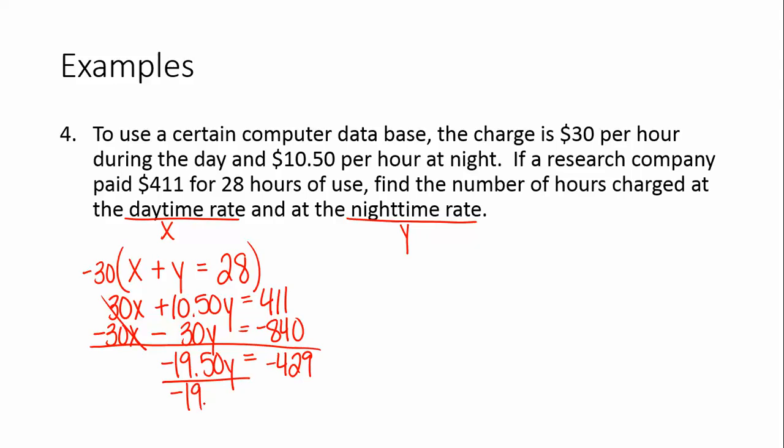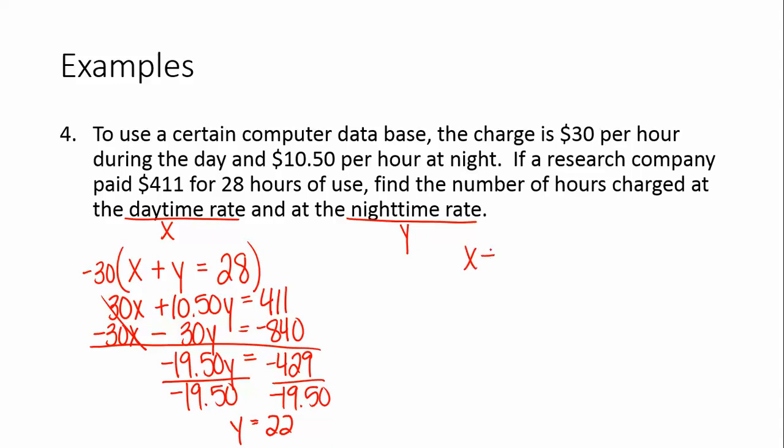Divide both sides by negative 1950. And we get y equals 22. And remember, y represents the number of nighttime hours. So 22 hours were spent during the evening or at night.